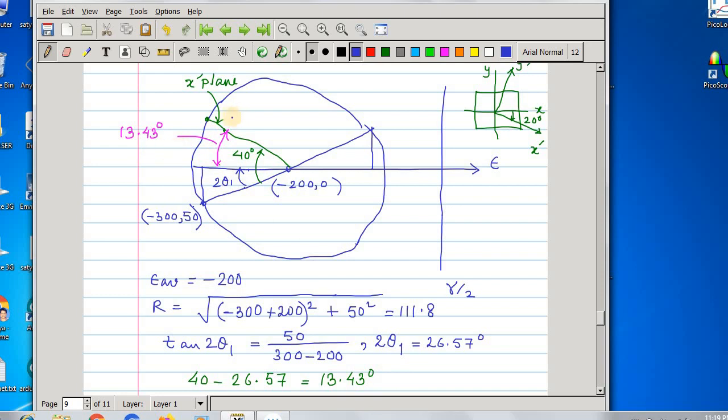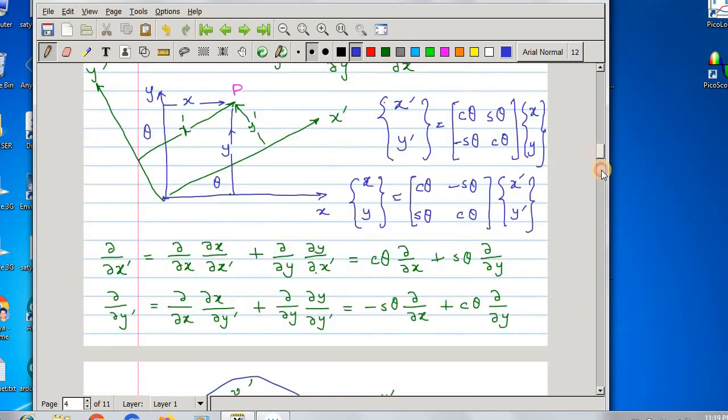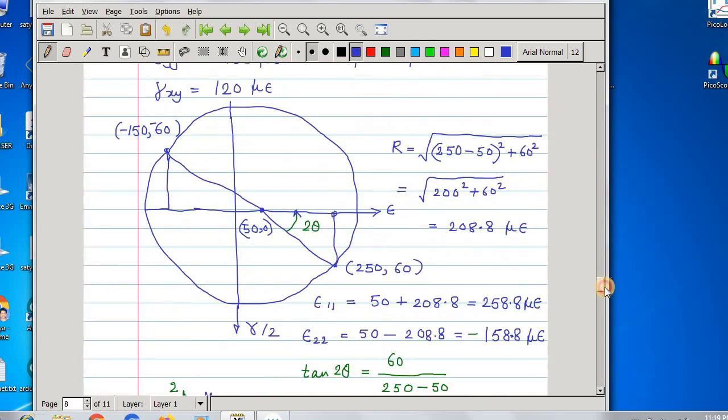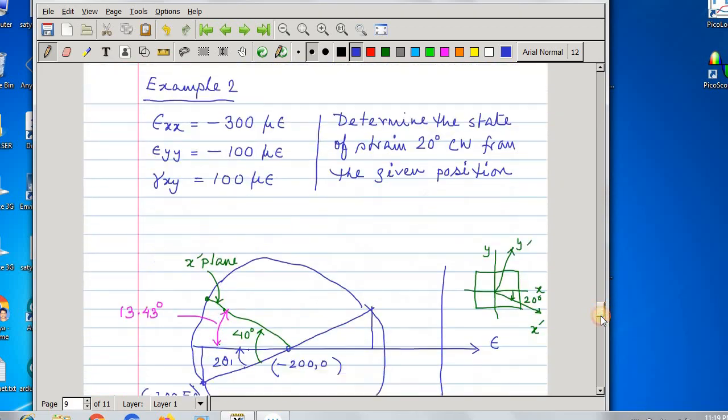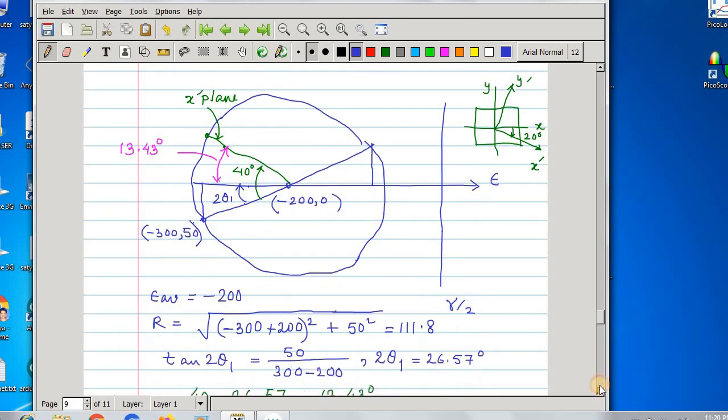Okay. Now how to get the strain state at a point? You have got the radius. So minus 200 and then minus r cos 13.43 degree will give you epsilon x dash x dash.